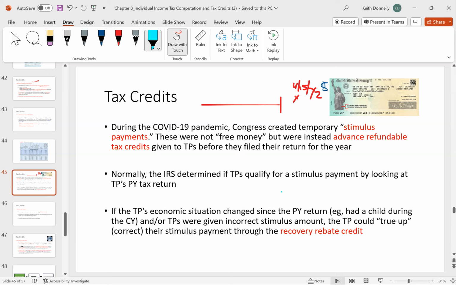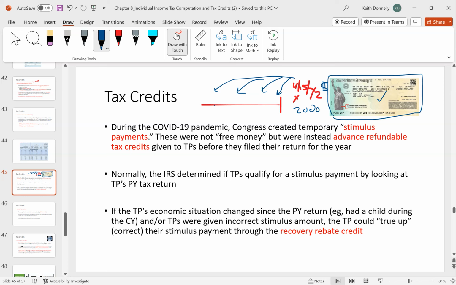The idea with an advanced credit, and sometimes you'll see this with the child tax credit, potentially the earned income tax credit, right? Instead of giving me, let's just say $2,000 over here, they push it out to you ahead of time, right? So maybe you'll get $500 ahead of time. And that's essentially substance over form, what these checks were, right?